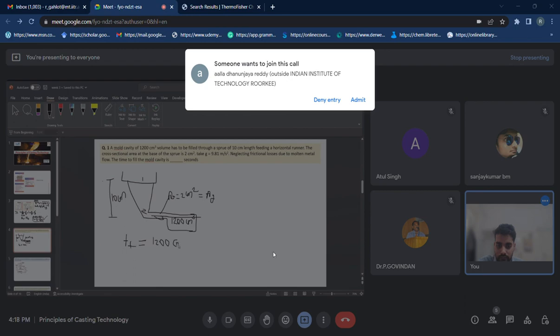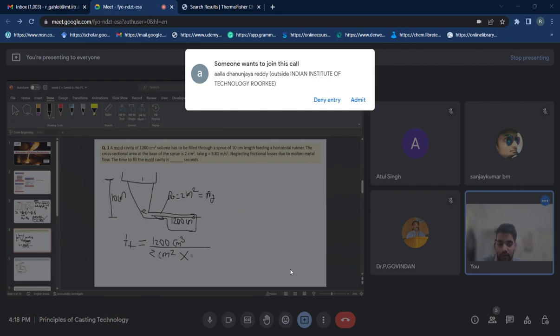So T filling is the volume of this cavity, which is 1200 centimeter cube, divided by the area of the gating system, which is 2 centimeters square, then multiplied by the velocity at this gate.